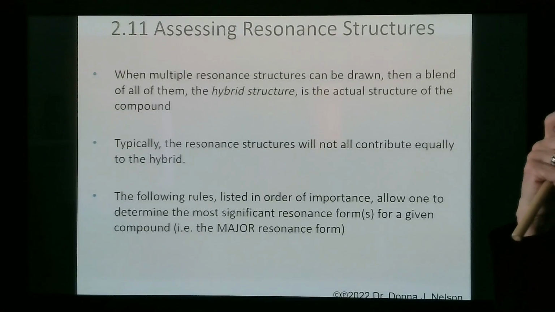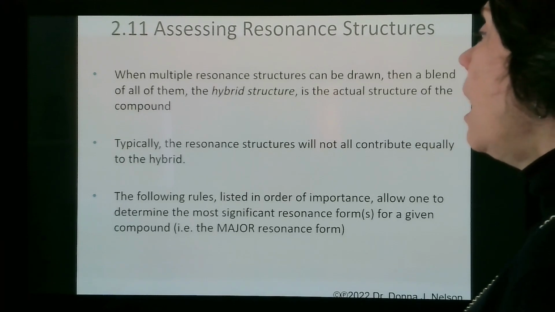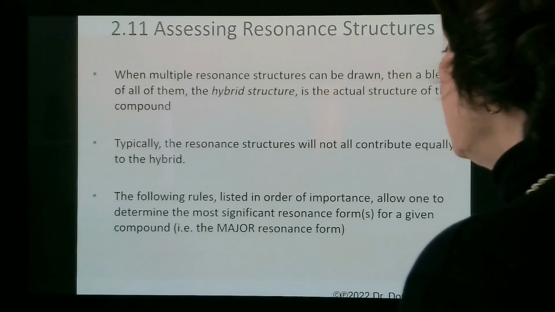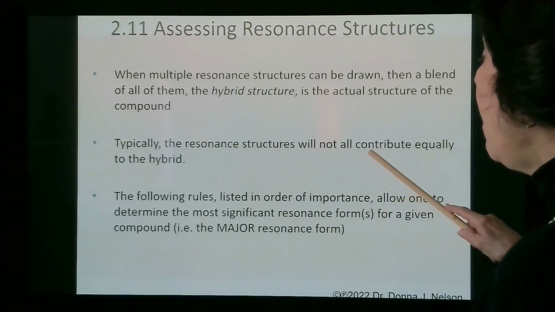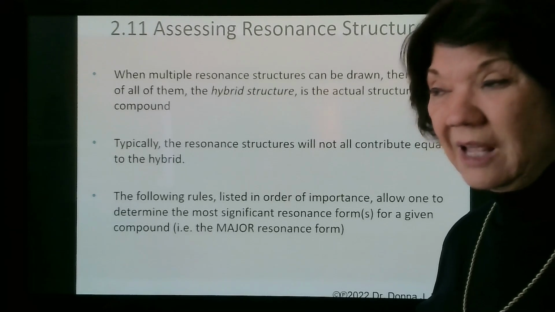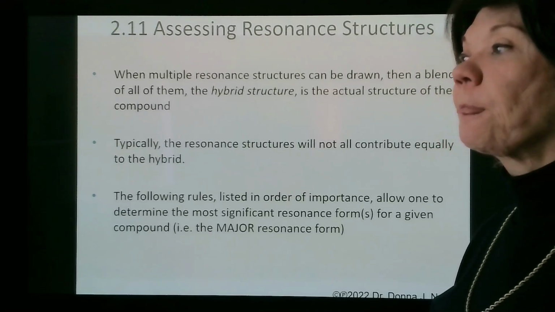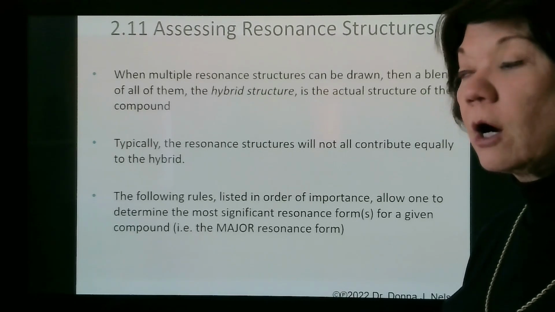When we assess a resonance structure, whether it is a good resonance structure or a poor resonance structure, there are some things that can be examined. Not all will be equal resonance contributors. Sometimes they can contribute equally, as in the allyl system, the allyl cation or allyl anion, where you have the three carbon atoms.